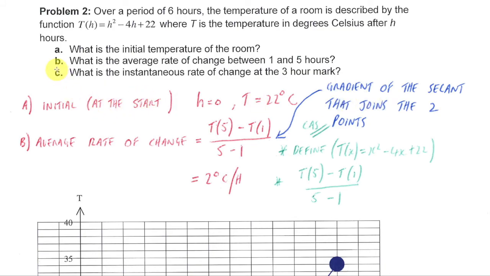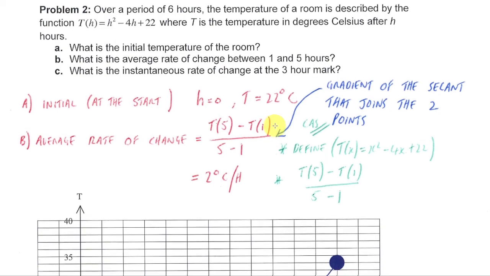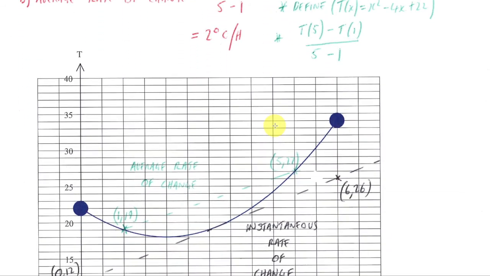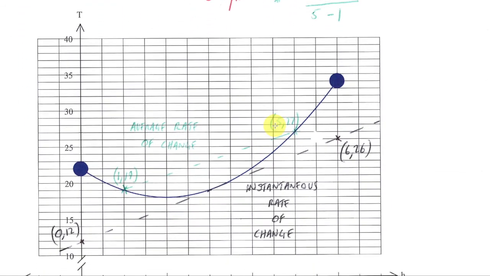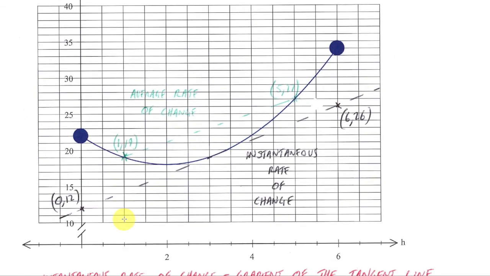B, what is the average rate of change between the 1 and 5 hour mark? So I've also got a graph here showing the same information. So between the 1 and 5 hour marks, what's the average rate of change? What I need to do is go to my curve at the 1 hour mark. There's my scale there, guys.